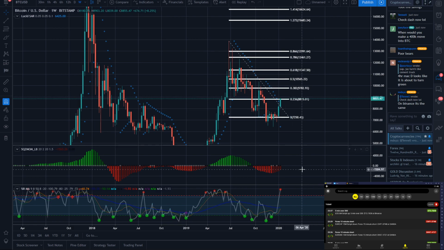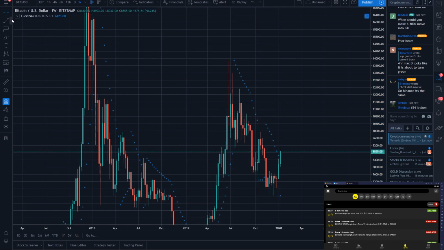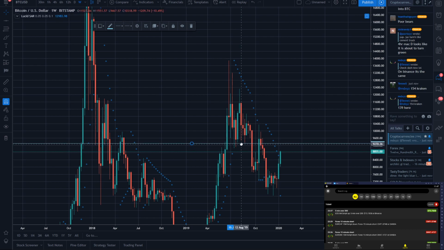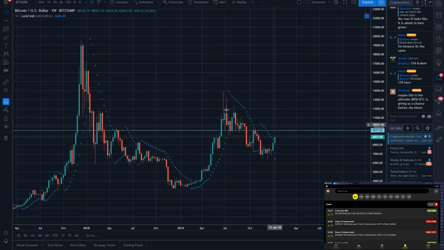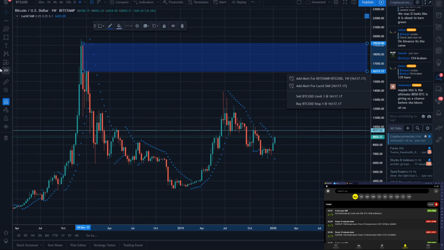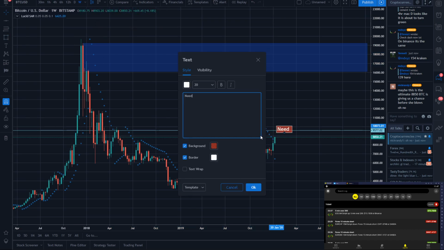If this is a bullish rally, for me it needs to close above this high, the 9.5k, yeah, here. If this closes above 9.5k, your target probably will be here. This is your target and it needs to close above 9,500.